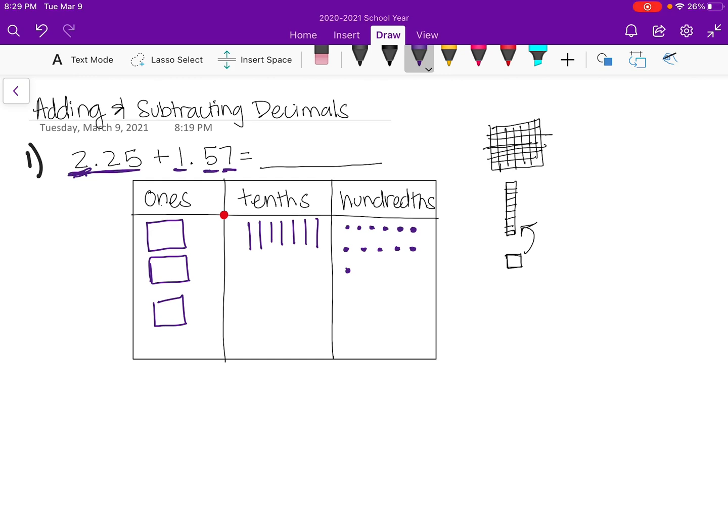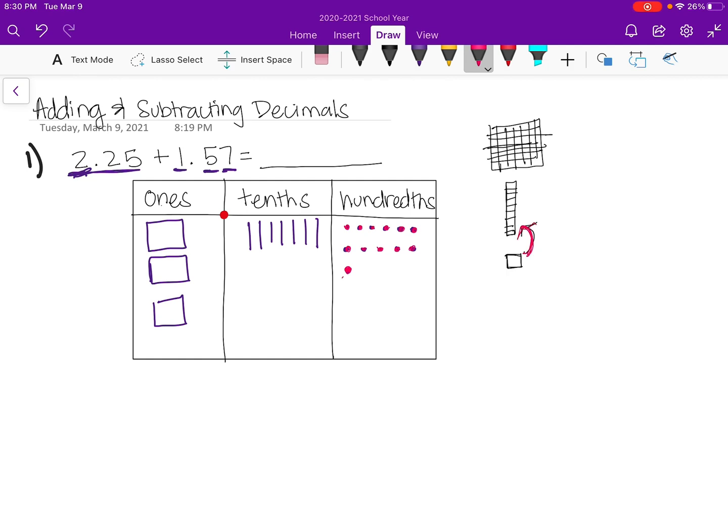However, you might notice I have 1, 2, 3, 4, 5, 6, 7, 8, 9, 10, 11, 12 hundredths. That is not going to work. I need a single number in my hundredths place. So in order to get that, I am going to cross out 10 of the hundredths because I know that 10 hundredths is the same thing as 1/10.